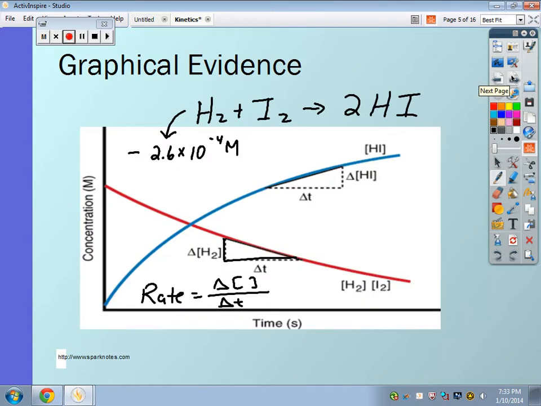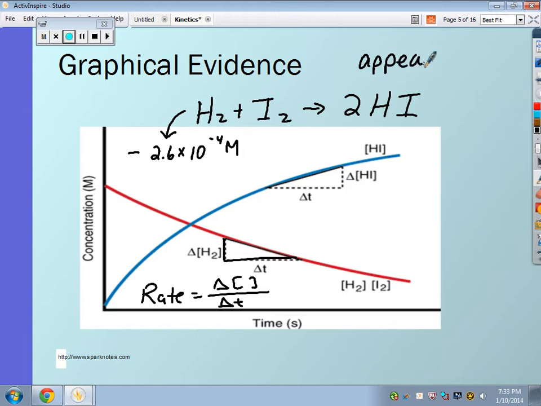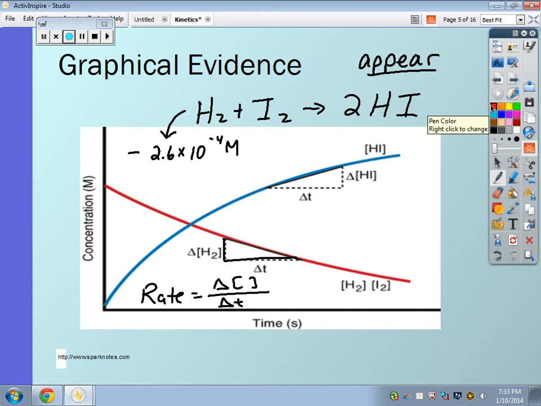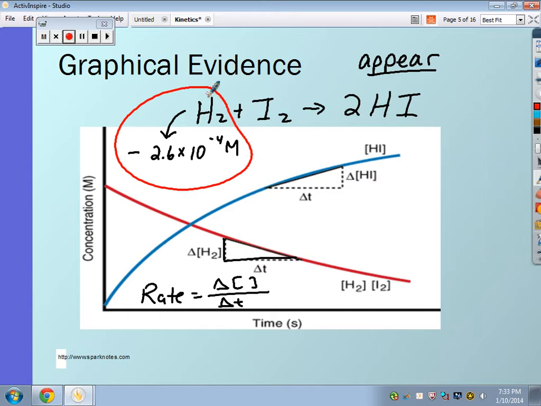So now I would like to find out what my rate of appearance is of hydrogen iodide. How fast is hydrogen iodide appearing? So the rate of appearance, you'd have to figure out using the rate of disappearance for H2.